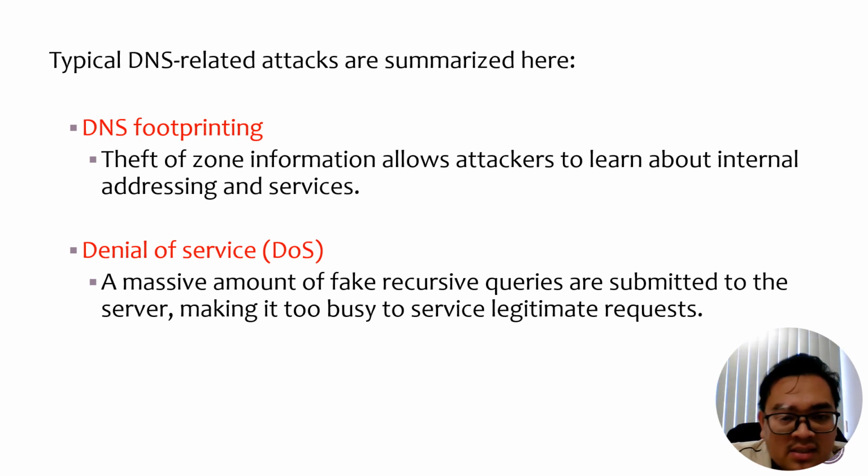Typically, DNS-related attacks are summarized here. First, we have DNS footprinting: theft of zone information that allows an attacker to learn internal addresses and services. Or we have DoS: a massive amount of fake recursive queries submitted to the server, making it too busy to service legitimate requests.